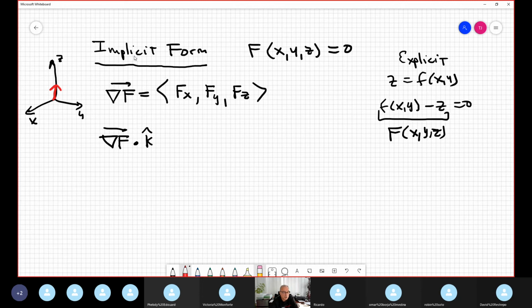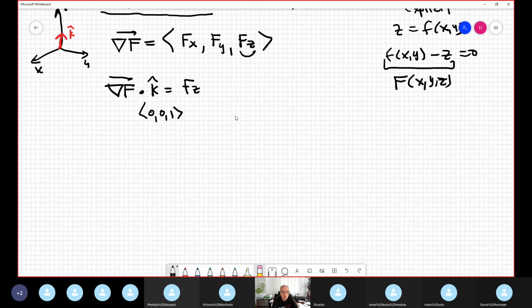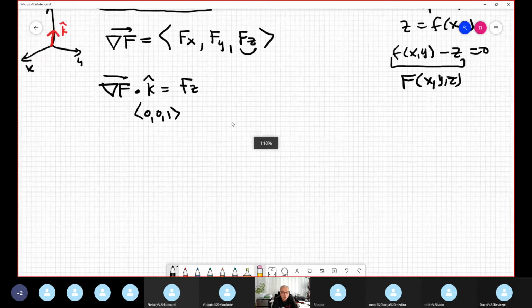When you are doing this dot product, it's obvious we have only the component Fz, because k is the vector 0, 0, 1. When you perform this vector times this vector, the only one that stays alive is the third one. Let me derive the formula. This is the crucial moment.